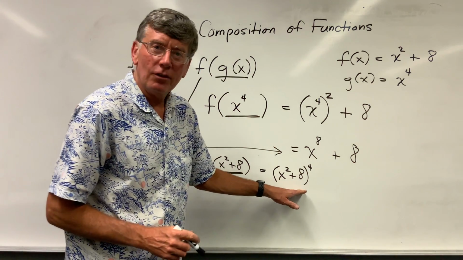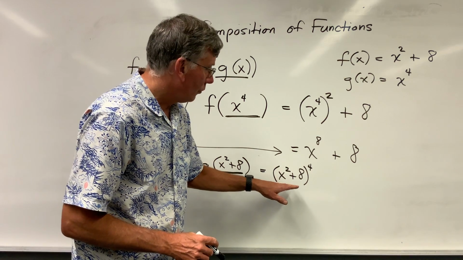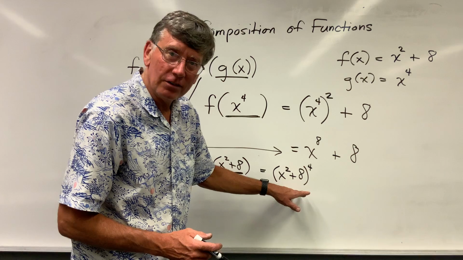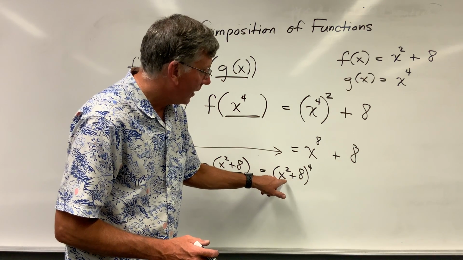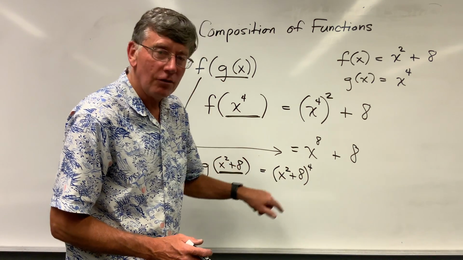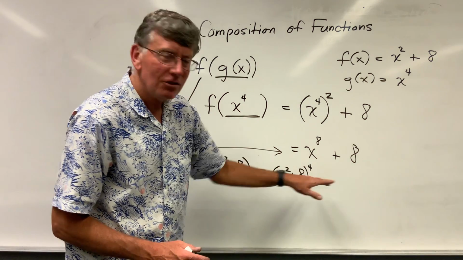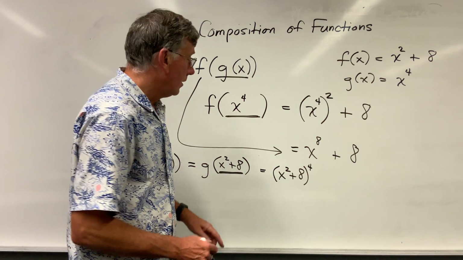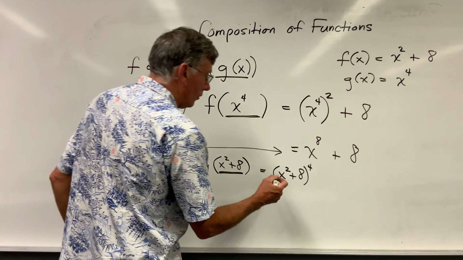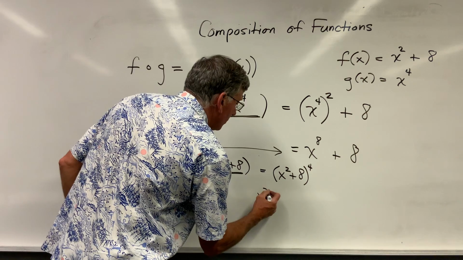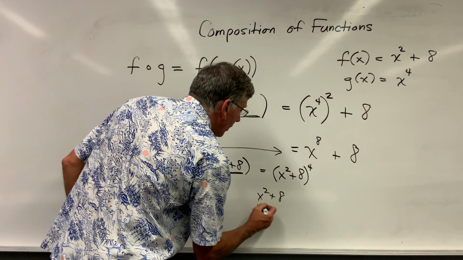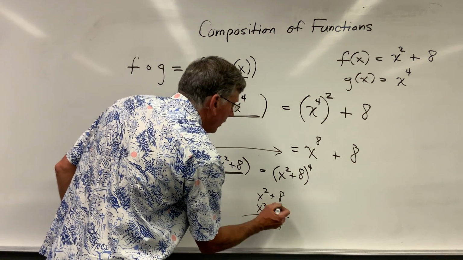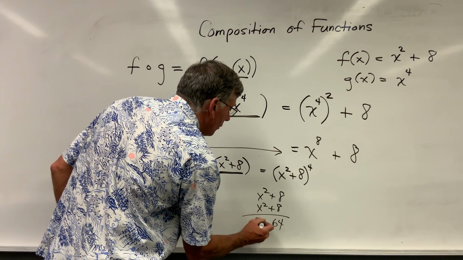Now, I don't want to expand this out, but for reasons of just showing you that they're different, I hope you see that x squared plus 8 taken to the 4th power is going to be a much different answer than x to the 8th plus 8. Just to start it off, x squared plus 8 times x squared plus 8, that's going to be 8 times 8, 64. 8 times x squared is 8x squared.